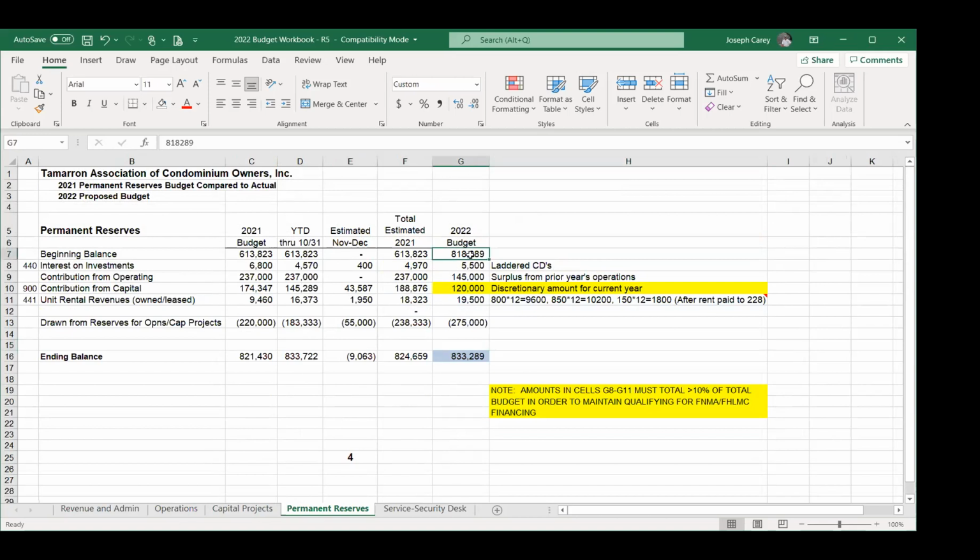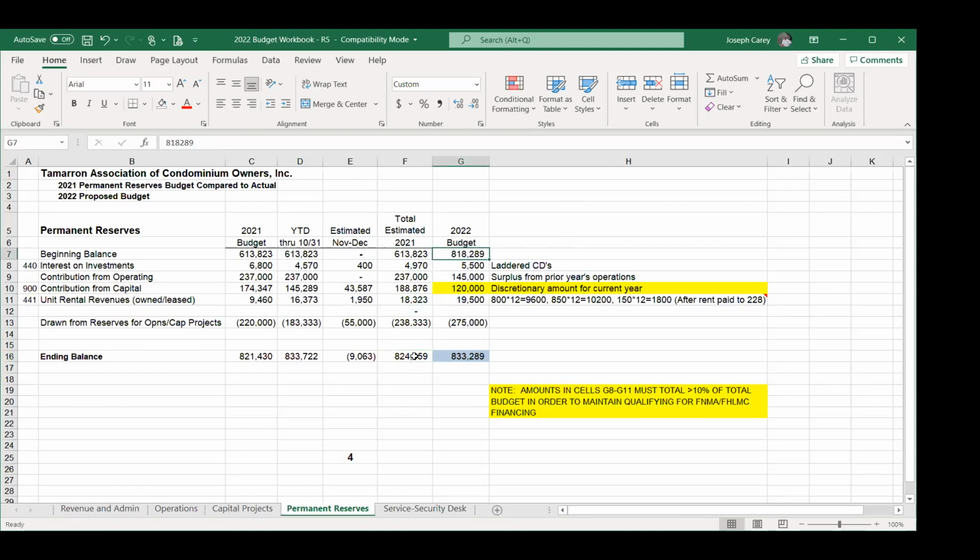All said and done, we've moved our reserves quite a bit this year, from 613,000 to 824,000. Starting off with 818.